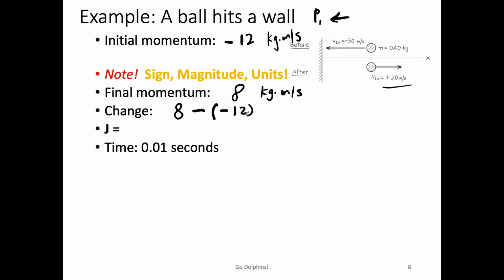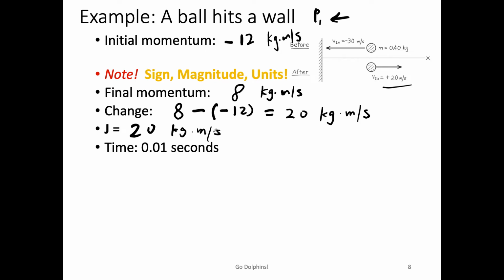So it's 8 subtract negative 12, which gives me 20 kilogram meter per second. And the impulse momentum theorem tells me the impulse just equals the change of momentum. The impulse equals 20 kilogram meter per second as well.